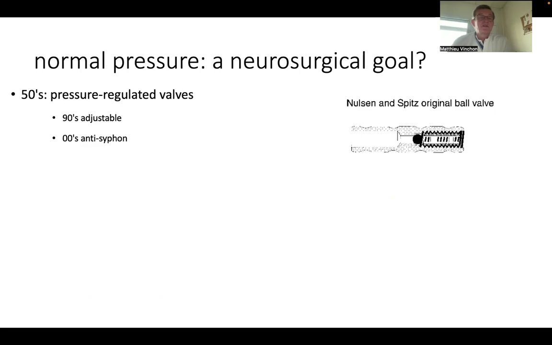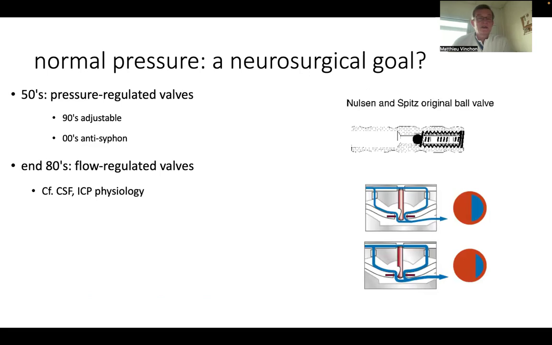Historically, in the 50s, the first pressure-regulated valves were developed, which were improved in the 90s by being adjustable, and in the early 2000s by an anti-siphon device.